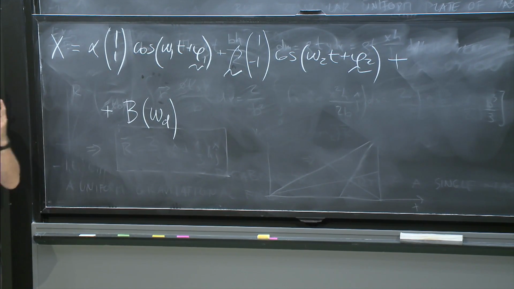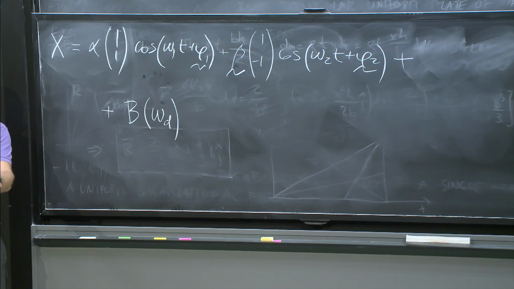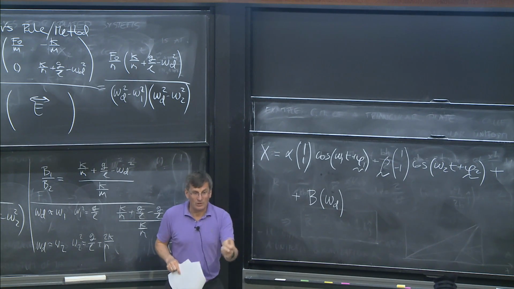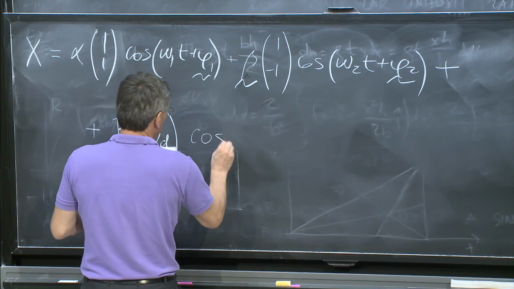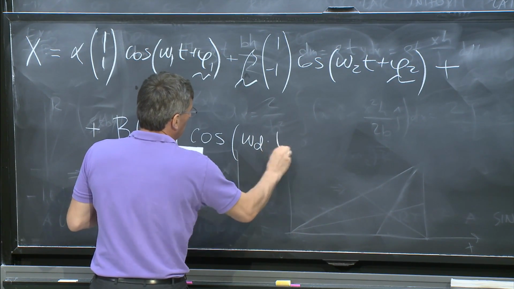Vector b depends on the driving frequency. Those amplitudes of a particular solution of driven motion are dependent on driving frequency, cosine omega d times t.